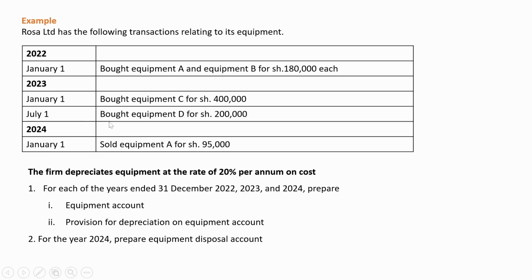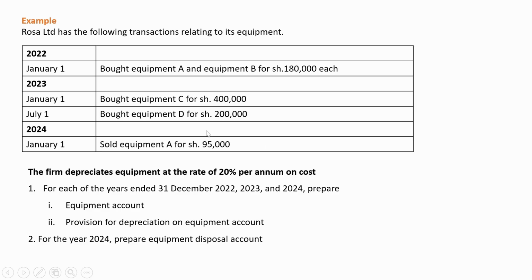July 1st, bought equipment D for 200,000. 2024, January 1st, sold equipment A for 95,000. Then below that, you are told that the firm depreciates equipment at the rate of 20% per annum on cost.